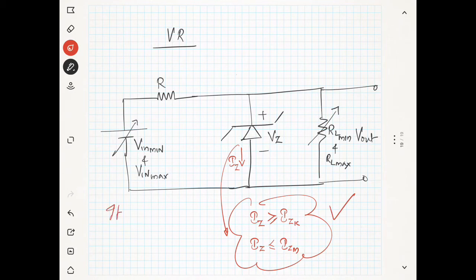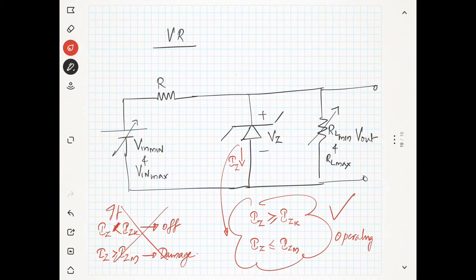But if IZ is less than IZK, your Zener diode will turn off, and if IZ is greater than IZM, your Zener diode will get damaged. Okay, so you don't want this condition. This is not a good condition, and this is the operating region, between this limit.